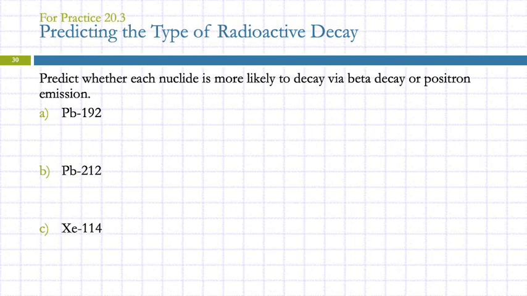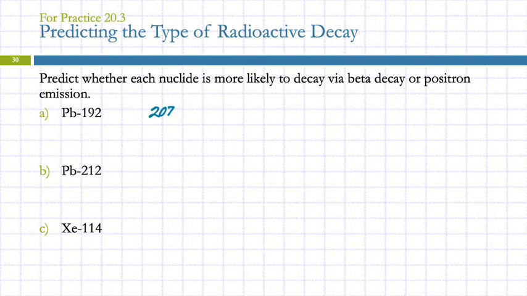Okay, so lead 192. We're going to look at lead on the periodic table and see that the average mass is 207. So this one has a mass number of 192. Does it have too many neutrons or not enough neutrons?